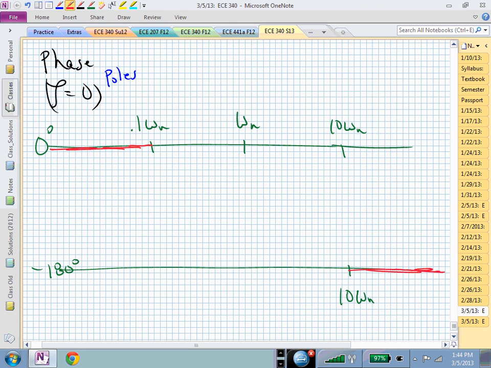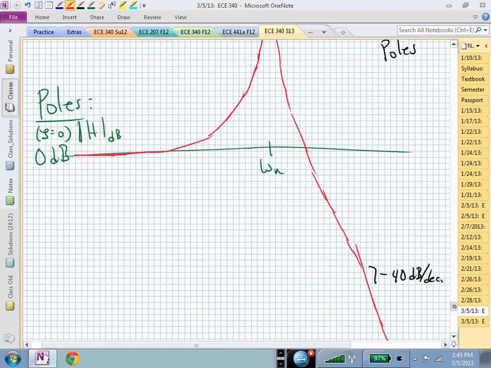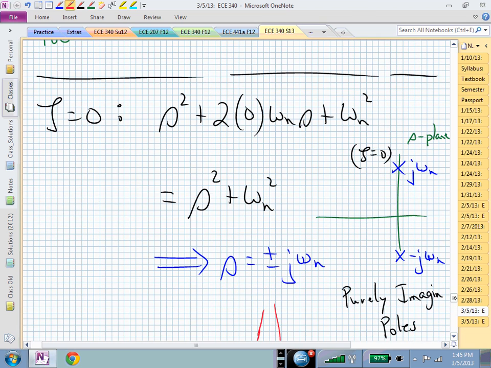What happens with zeta equal to 0? If you were marching up this axis, and you said, okay, I'm right here, what's the phase? Now you need to say, this guy is giving me 90 degrees, isn't he? This guy is giving me the opposite 90, so they're canceling each other out.